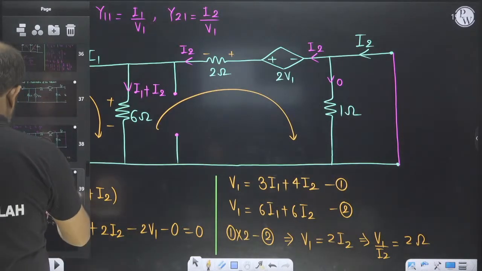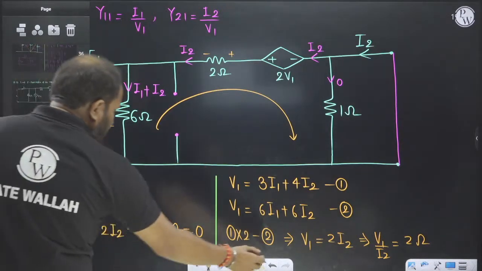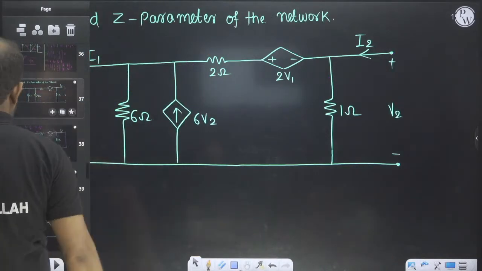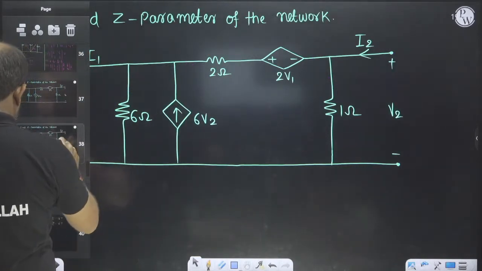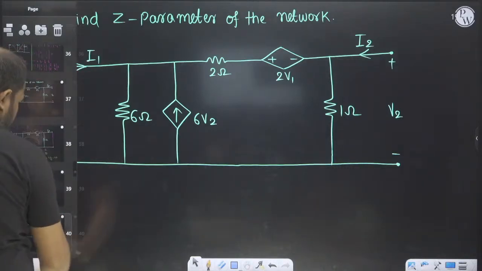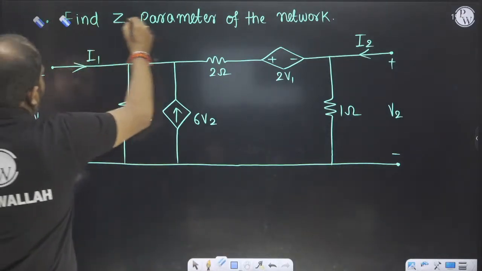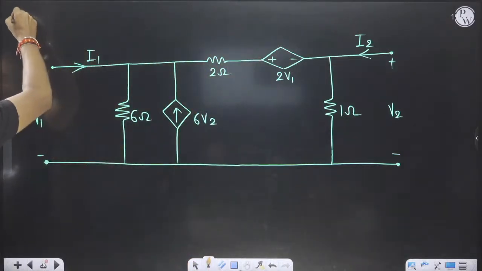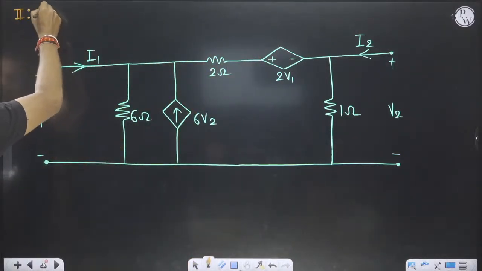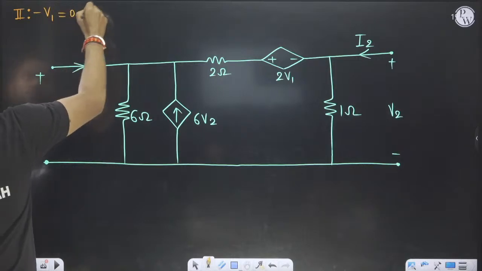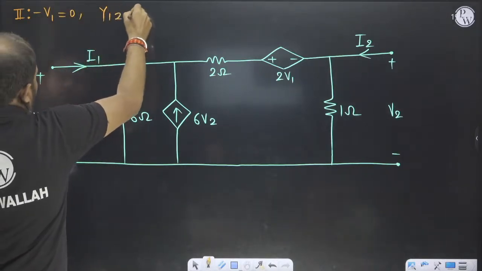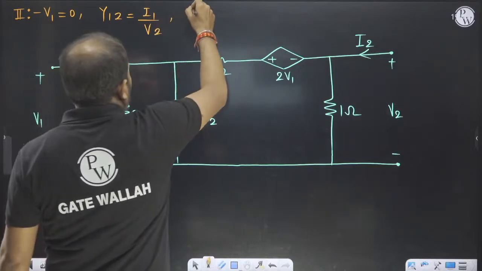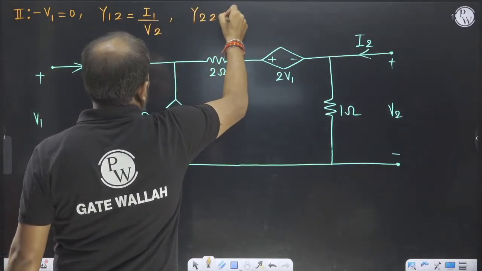V1 is equal to 0. You will make V1 equal to 0 and you can see what will happen. Case 2, V1 is equal to 0, so we have Y12 as I1 by V2 and Y22 as I2 by V2.